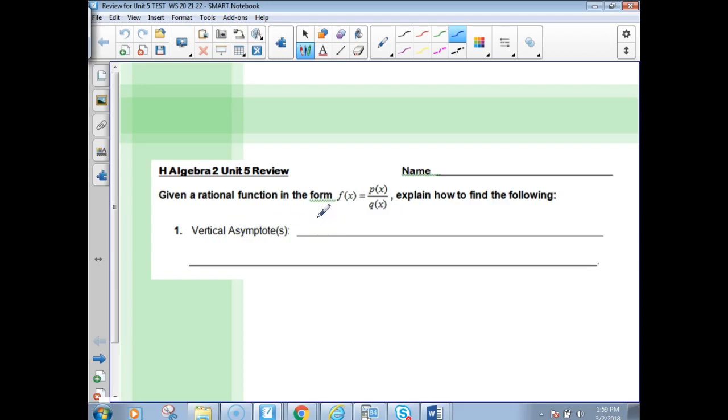The vertical asymptotes, those are the ones where you set q of x, the denominator, equal to 0 and solve for x. There's more than one way to say it that I would find acceptable.